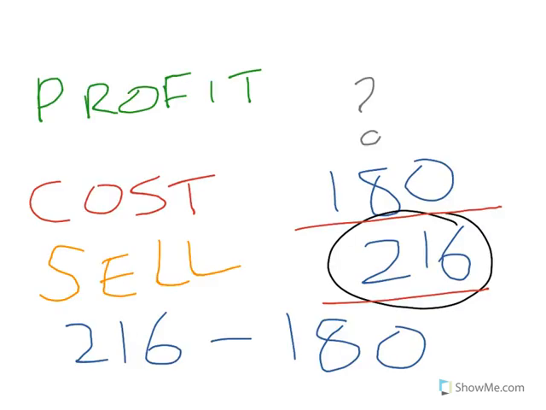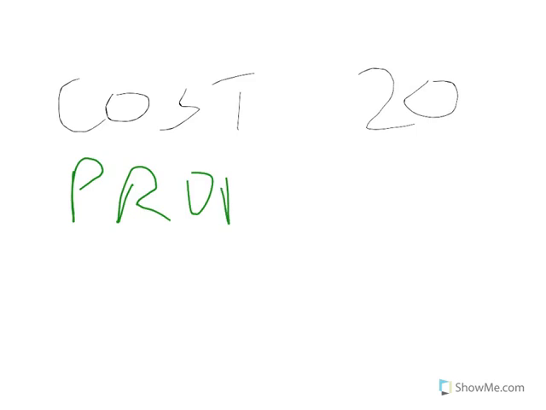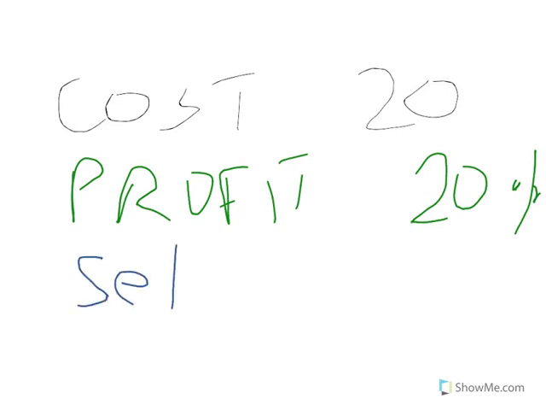For example, if the cost price is 20 pounds and the profit is 20%, we need to find out the selling price.